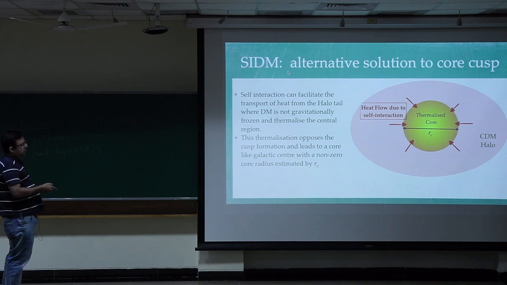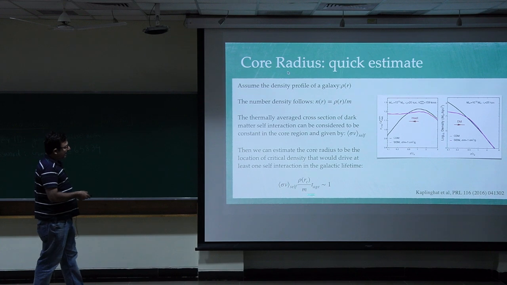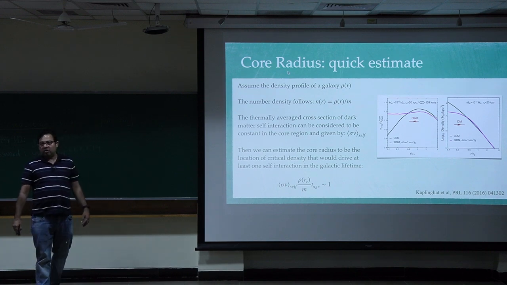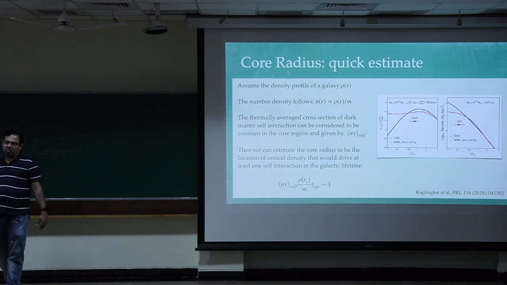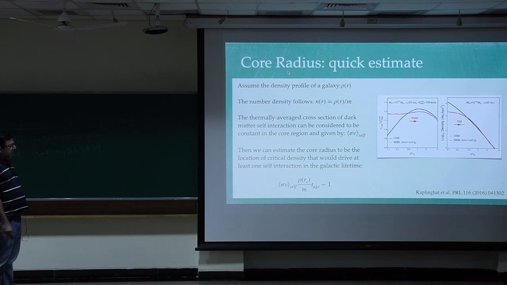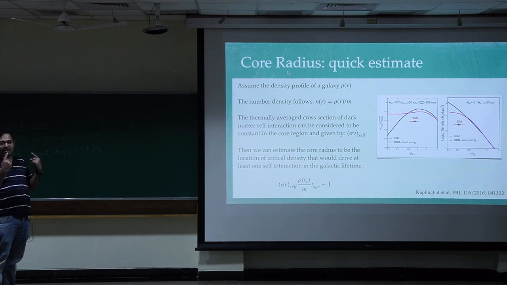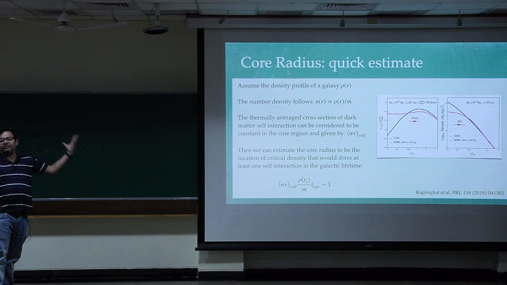So this is how you can create a core through self-interacting dark matter through thermalization, and one can have a very quick estimate of the size of that core using this expression over here. The idea is very simple: as you move from the interior to the periphery, the density falls. So you can estimate that the size of the core would be the distance from the center of a galaxy where the density has fallen off to an extent that it can still sustain at least one self-interaction in the lifetime of a galaxy.